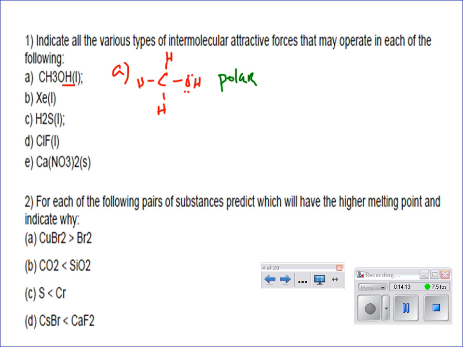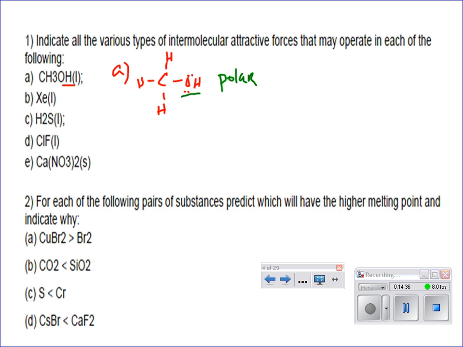All right. So if that's polar, what 2 possible intermolecular forces could this be then between these methanol molecules? Which ones could we have? Well, London's all the time. I'm not talking about that. Hydrogen bonding, dipole-dipole, or when things are polar, that's going to be one of the 2 primary things. Do we have hydrogen bonding in this one?